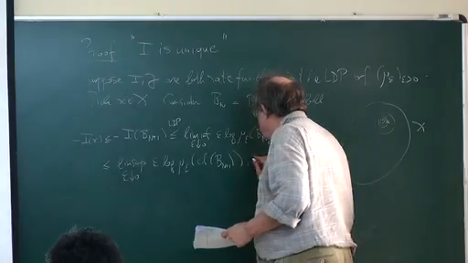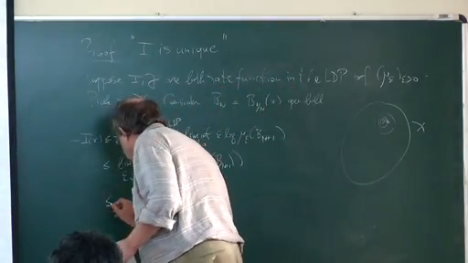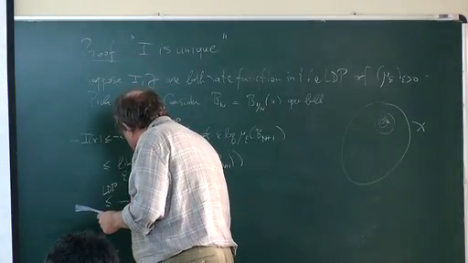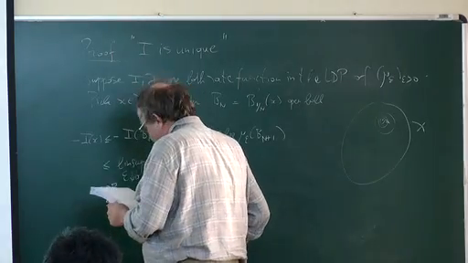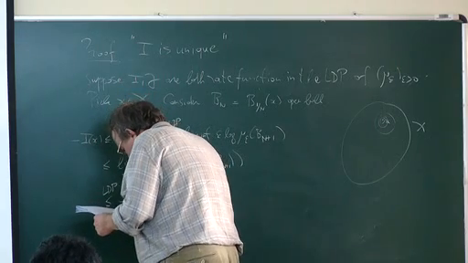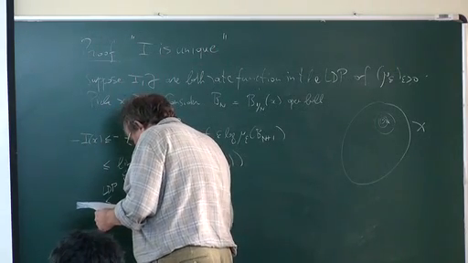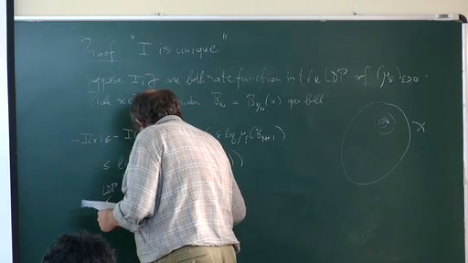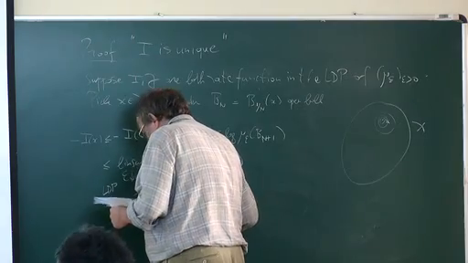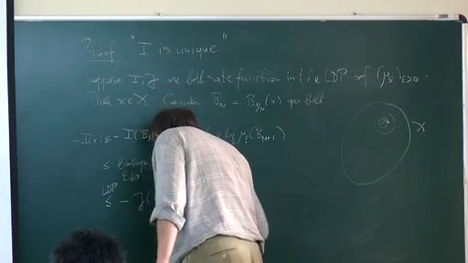Now, because I have a closed set, I can use the large deviation principle upper bound and say that this is bounded from above by minus J of the closure of this ball B_{n+1}. Right?